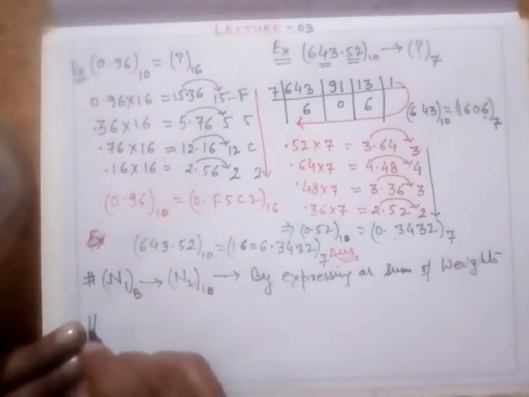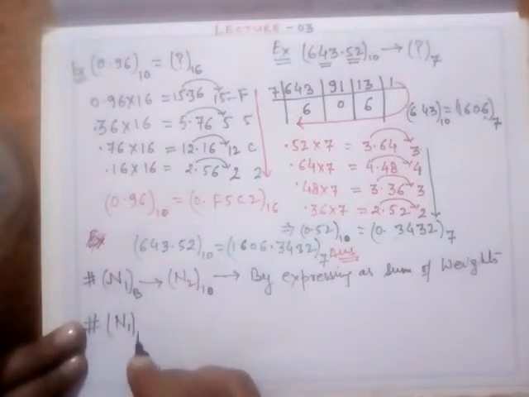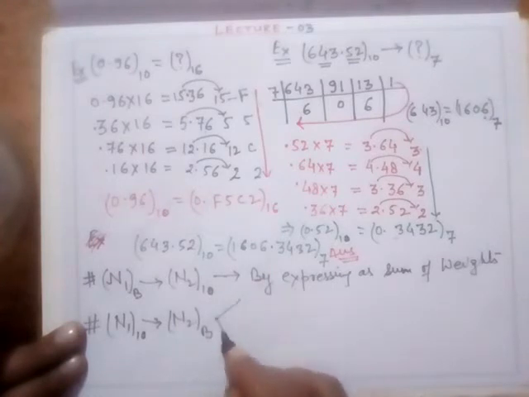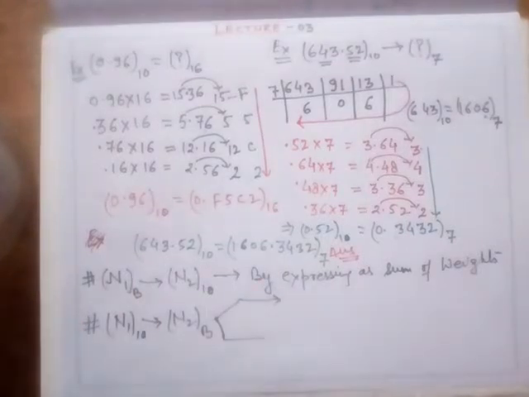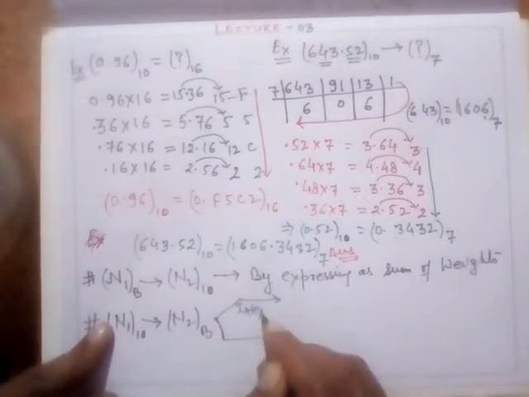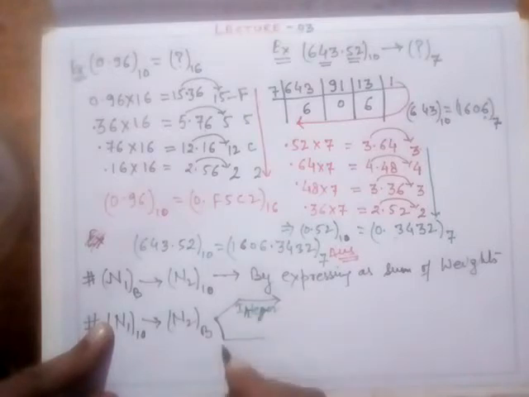And the second part, if I have to convert a number n1 with base 10 into any other base b, we have seen that there are two parts: an integer part and a fractional part.